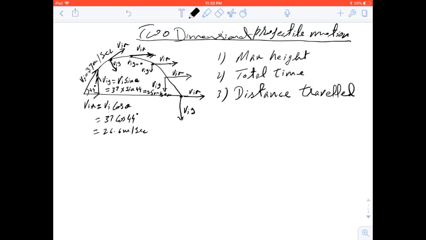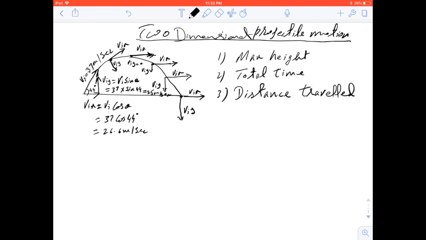The important thing which we need to understand here is in projectile motion, as the x and y components are both involved, the initial velocity of the x component will remain constant throughout the projectile motion, whereas the velocity of the y component is constantly changing.